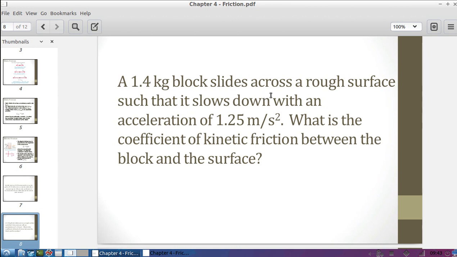Again, the difference between this problem and the previous problem is I'm given the mass instead of the gravitational force. No big deal. I don't have an applied force. I'm picturing this block as if it's sliding. It's got an initial velocity, and then it's accelerating in the negative x direction, and it slows down to a stop.